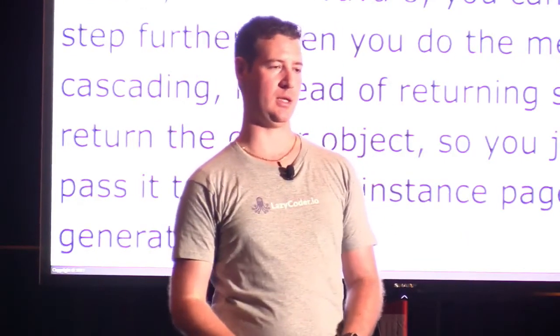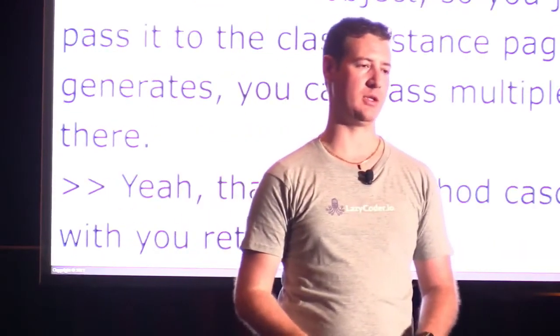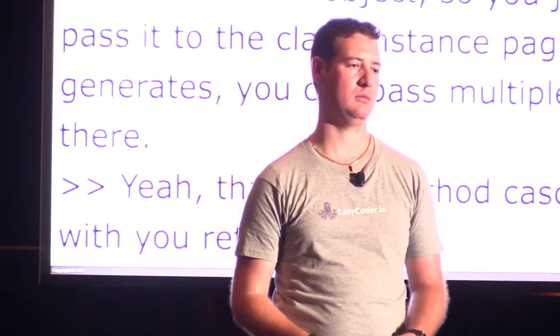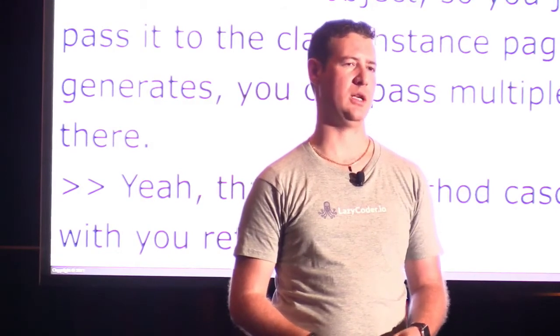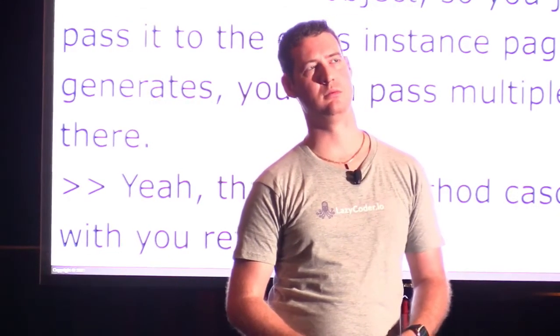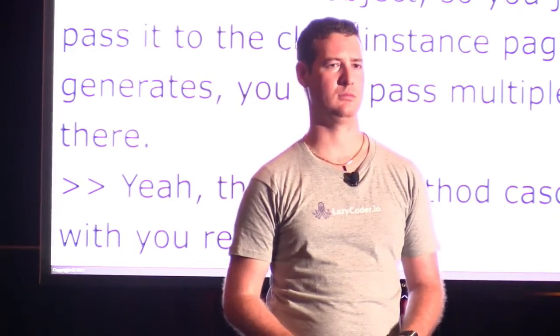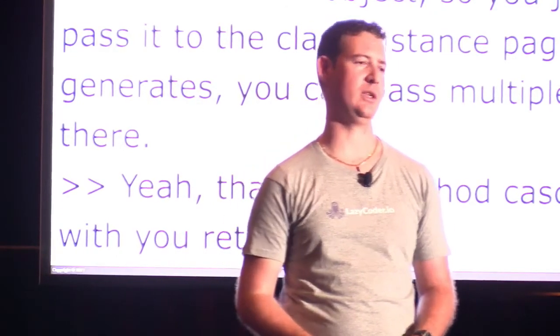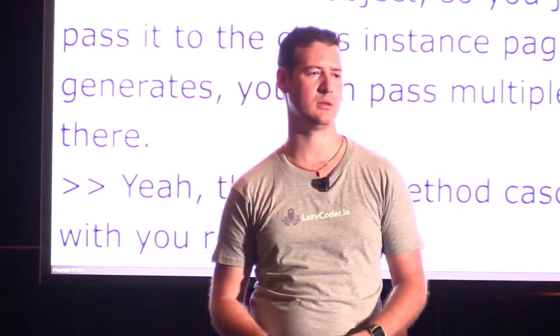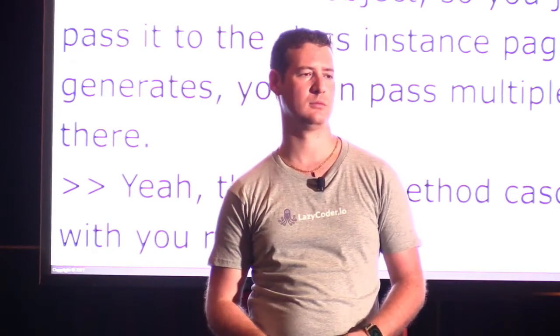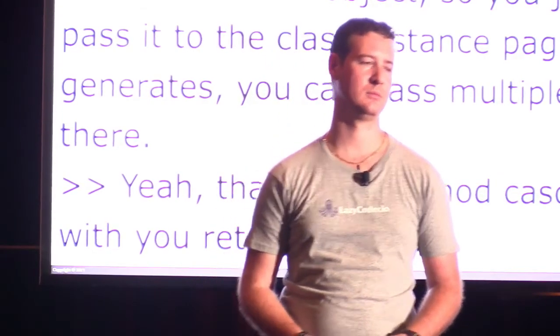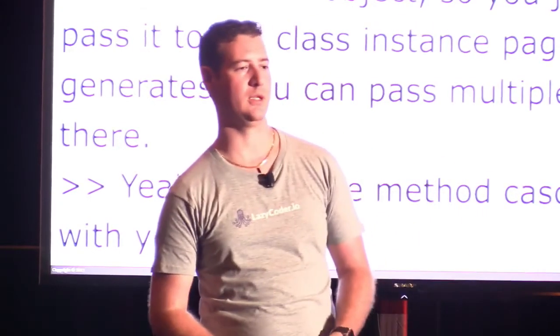Yeah, method cascading is when you return a new object, because you can just return whatever object you want. I think you can do it before 8. I think it's been in there since 6. Also the interface implementation with the generics. Oh, okay. So you can actually do a lot more cool stuff with that.